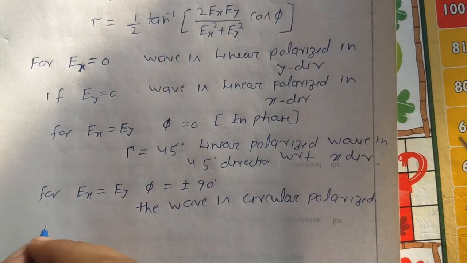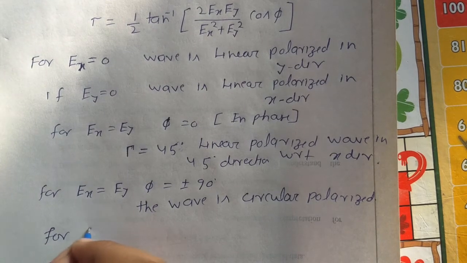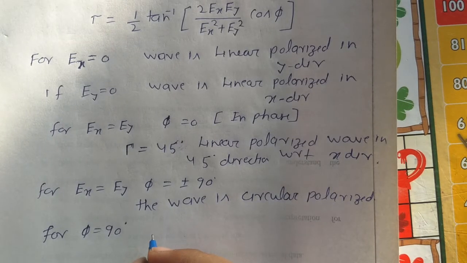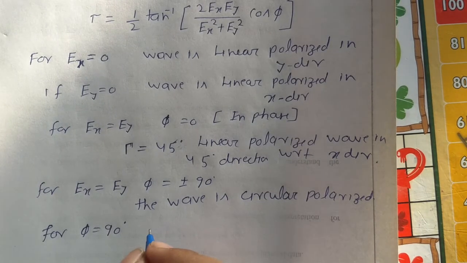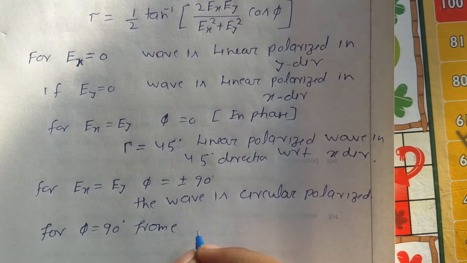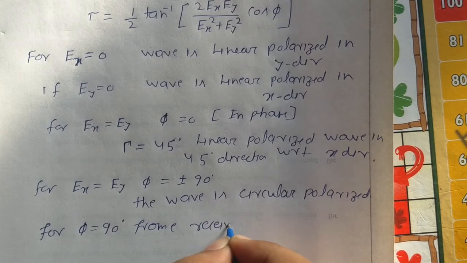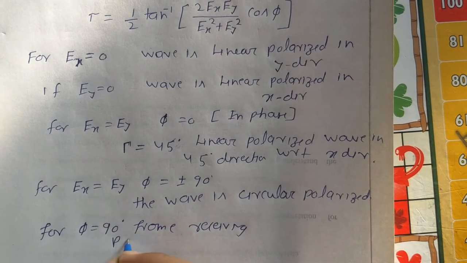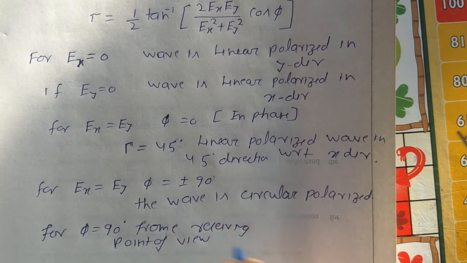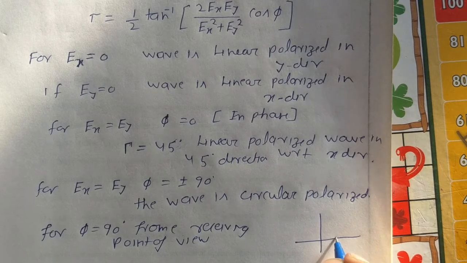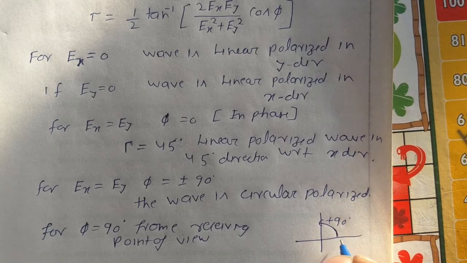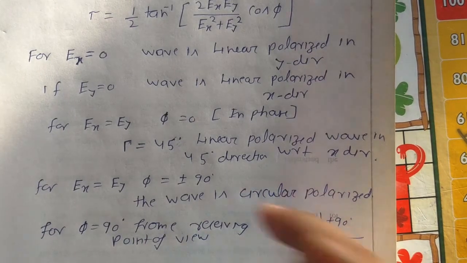For phi equal to 90 degrees, from the receiving point of view, plus 90 means anti-clockwise.